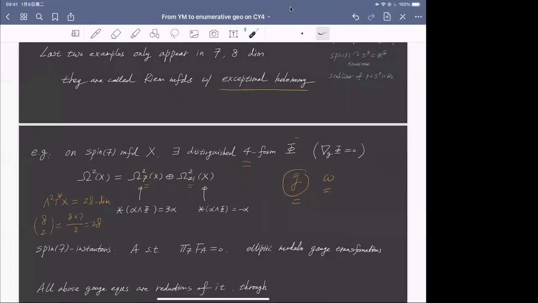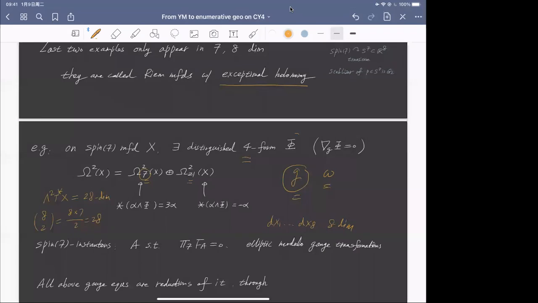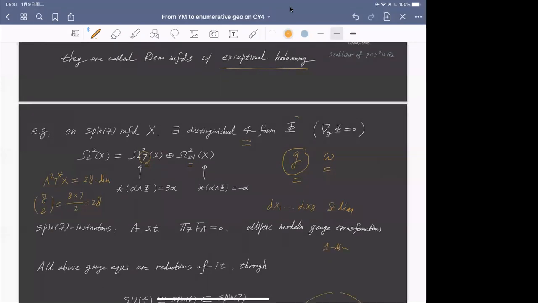The number of variables is 8, because a one-form is a combination of dx1 to dx8. So the equations number 7, and modulo gauge gives 1 dimension. You see that this is elliptic. This system of equations, the Spin(7) instanton equation, is elliptic modulo gauge transformations. So this is in the same place as anti-self-dual equations on 4-manifolds.